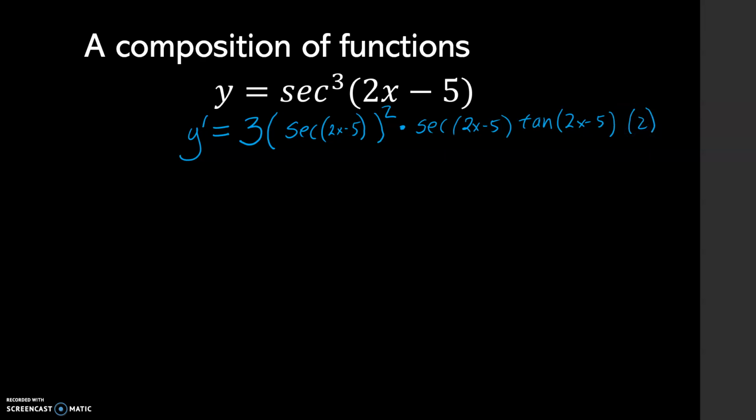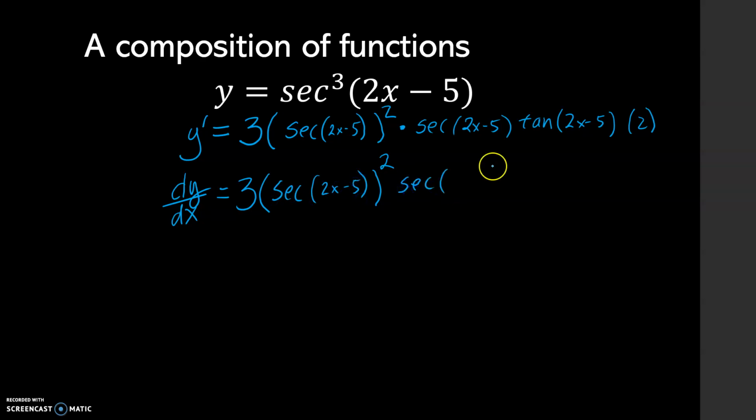Okay? I'm going to go through that again, saying the same things, writing a little bit quicker. So when we look at secant cubed of 2x minus 5, the outermost function is the cubing function. The derivative of something cubed is 3 times something squared. Our something is secant, and the derivative of secant is secant tangent.